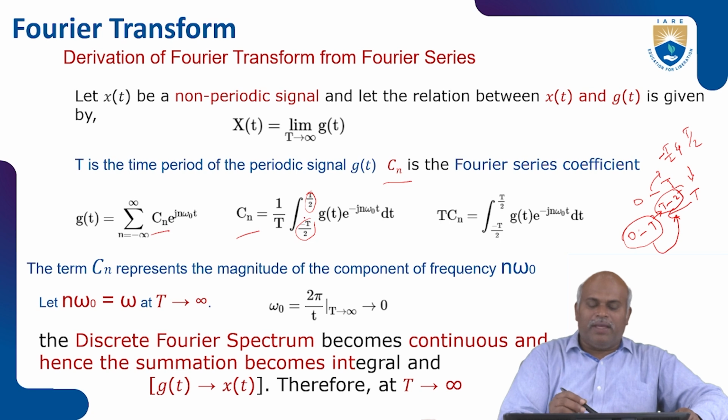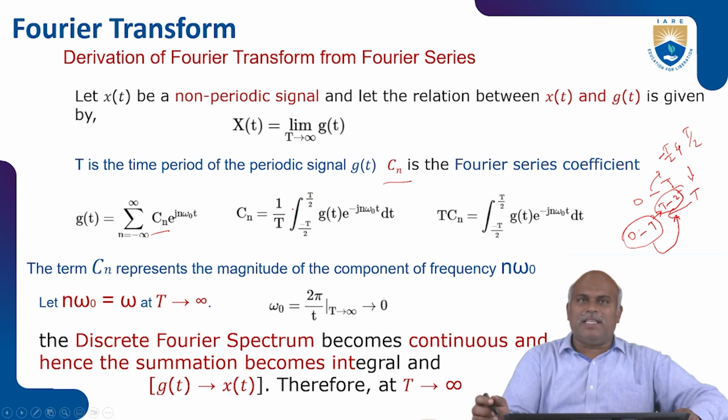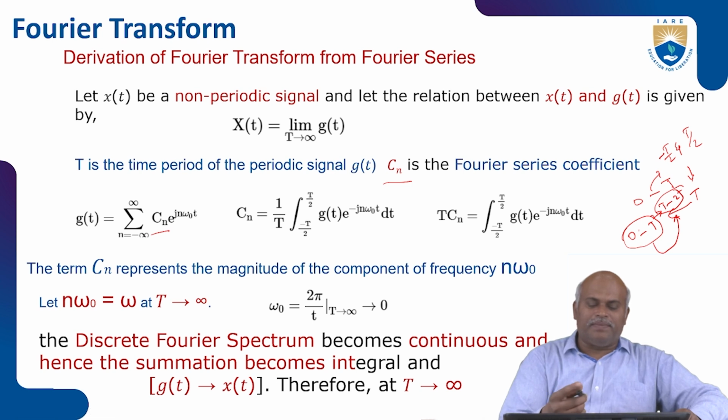So that is how I represent the Fourier series coefficient, C of n equal to 1 by T integration from minus T by 2 to plus T by 2 of g of t e power minus j n omega 0 t dt.